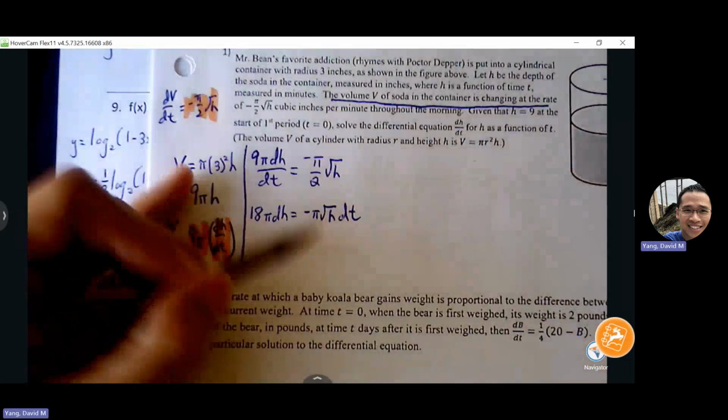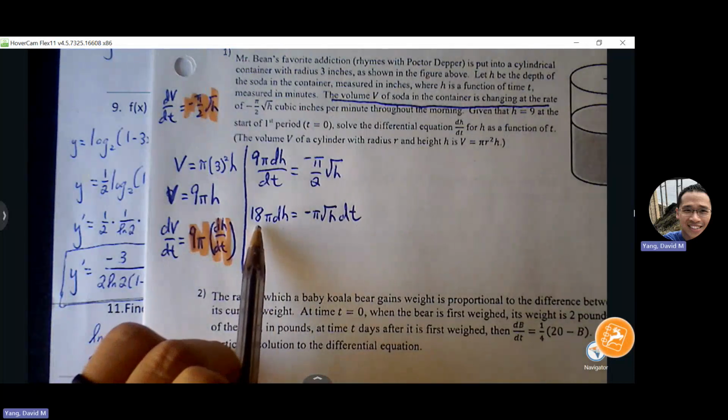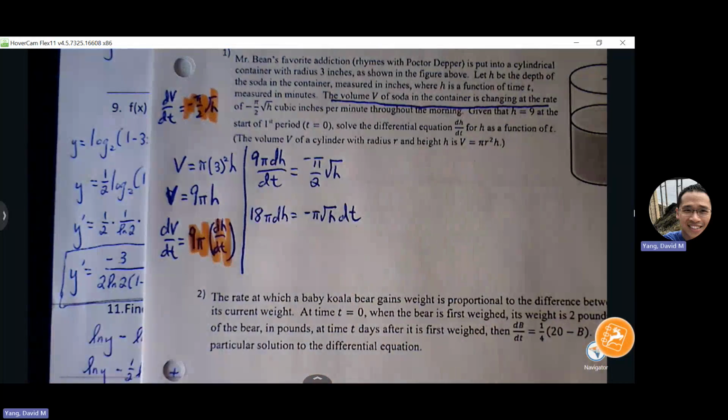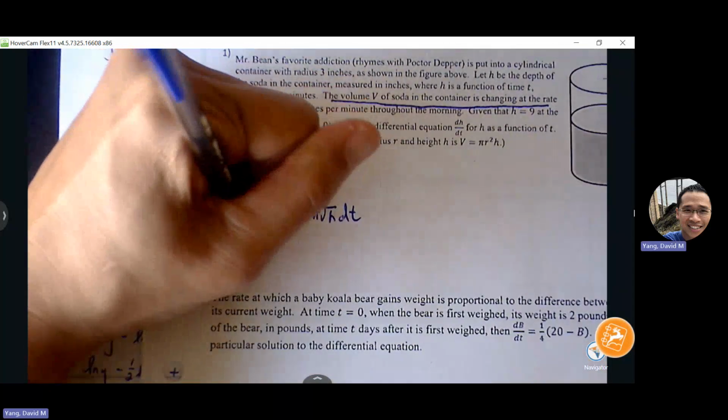So I'm just going to move things as I can. So the root h, I'll divide, and I'll divide the 18π over to the right side. So I'm doing a double division here, dividing the appropriate pieces to the left and to the right.